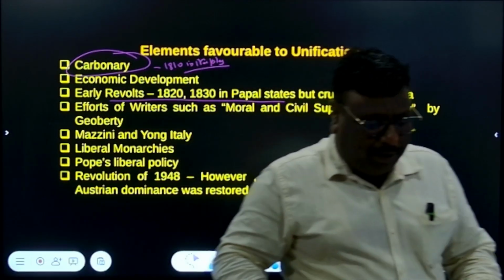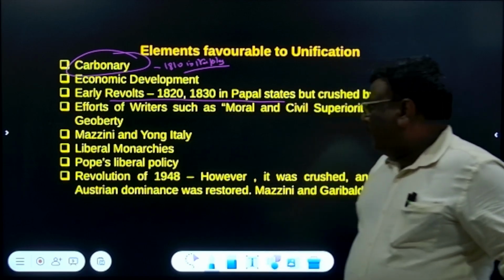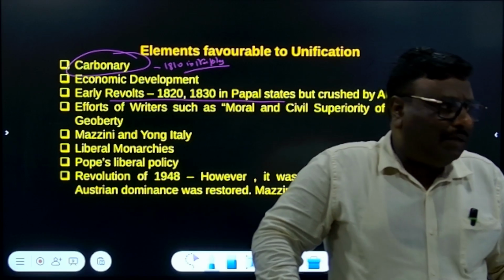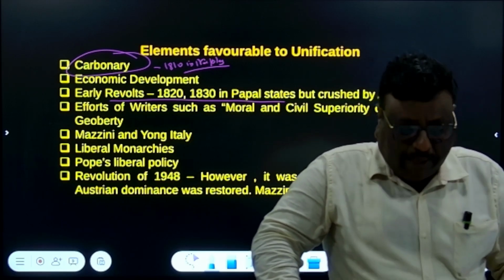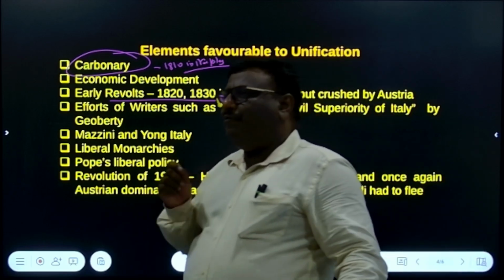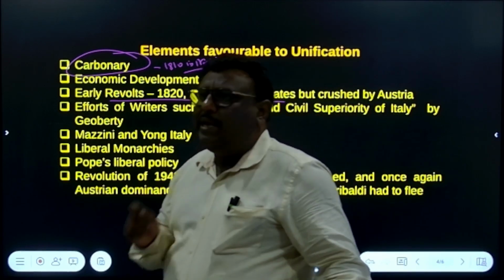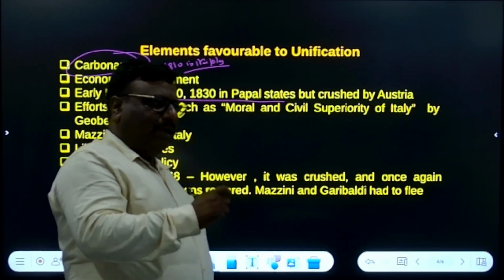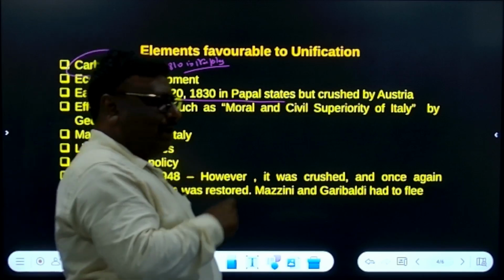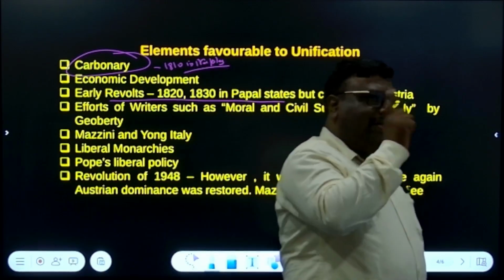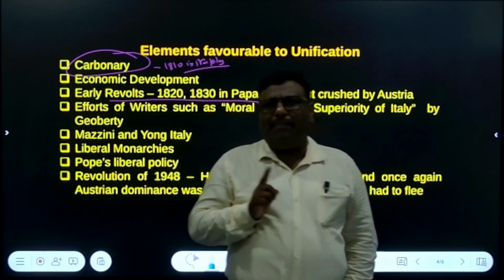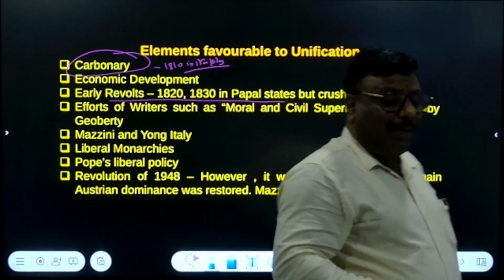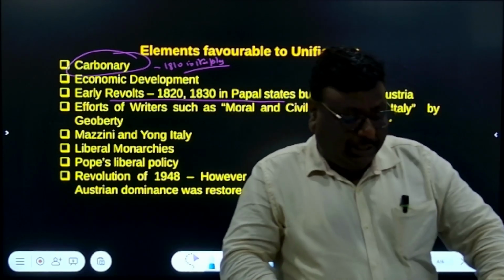After the suppression of the revolts of 1820 and 1830s, one lesson was taught to Italians: that their efforts of freedom could never be realized as long as Austria's control existed. It means they understood that without the expulsion of Austria, unification of Italy could never be realized. Therefore, the expulsion of Austria is necessary.